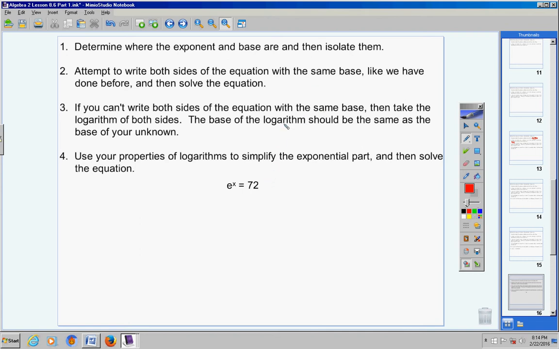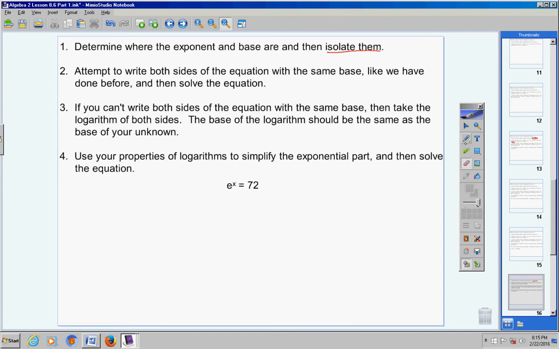And here we go. Determine where the exponent and the base are, okay? Here's your exponent, the unknown. I'm going to circle it instead. There's your base right there, okay? What do you do to them? Isolate them. Well, guys, they're already isolated. There's nothing else on this side of the equation over here, is there?